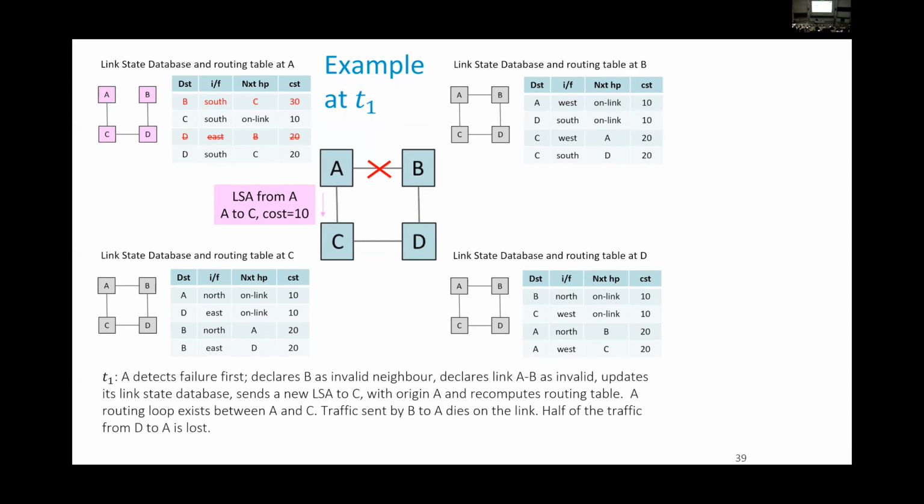Certainly the hello protocol will detect it once in a while. The hello protocol is typically not very fast. So what there is very often on most networks is called a beaconing protocol, where, for example, every 10 milliseconds on every link, A sends a keep alive message to all the neighbors.